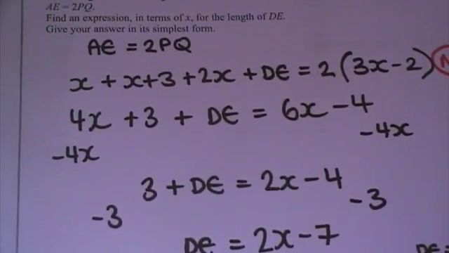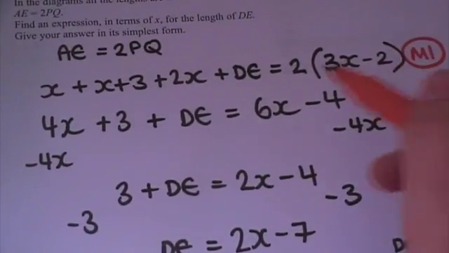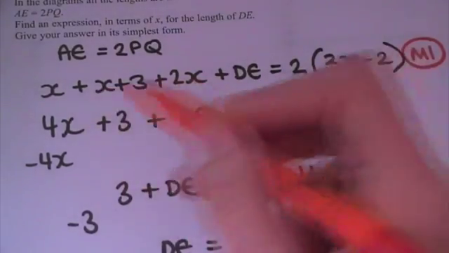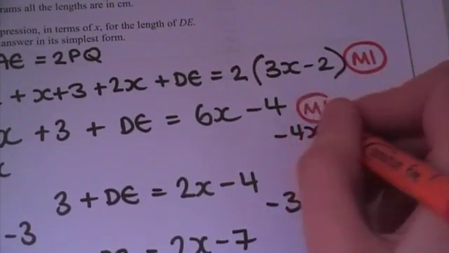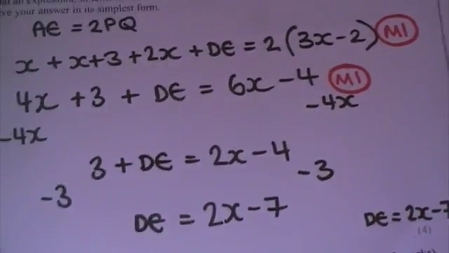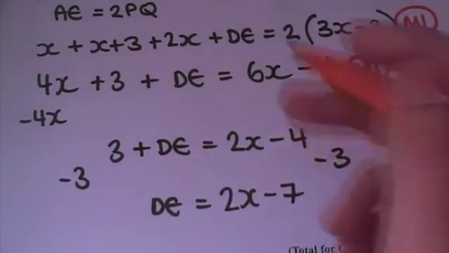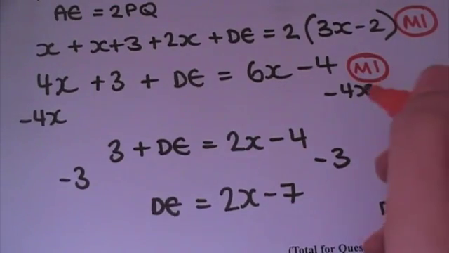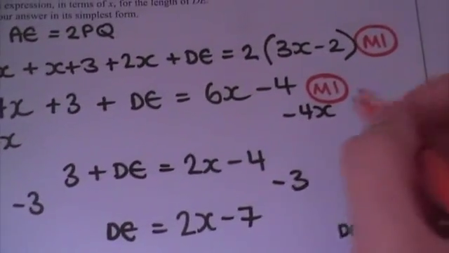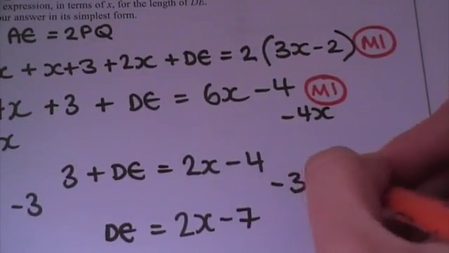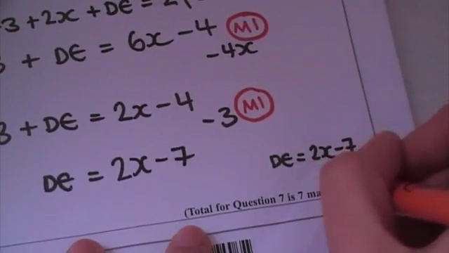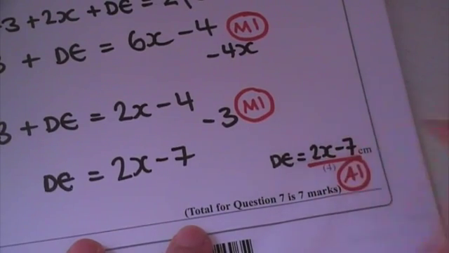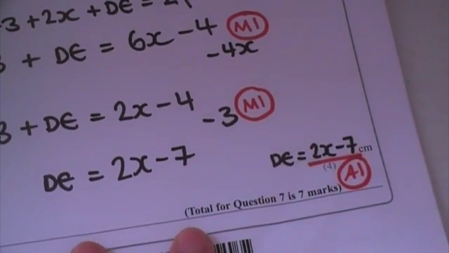Once you've got that, your second method mark is for correctly expanding this side and collecting up all your like terms this side. Third method mark is for correctly rearranging to get DE equals. So that's taking the 4x or the minus 3. And the fourth mark is an answer mark, for getting DE equals 2x minus 7.